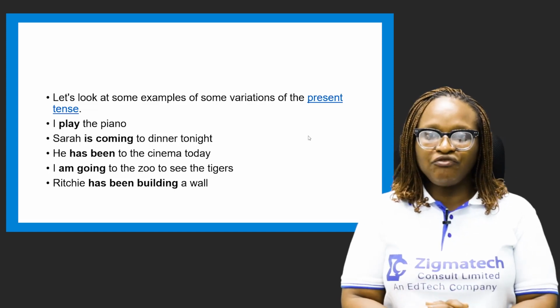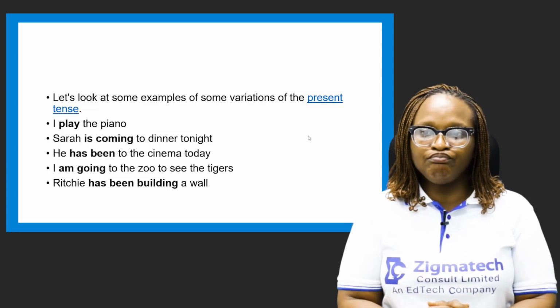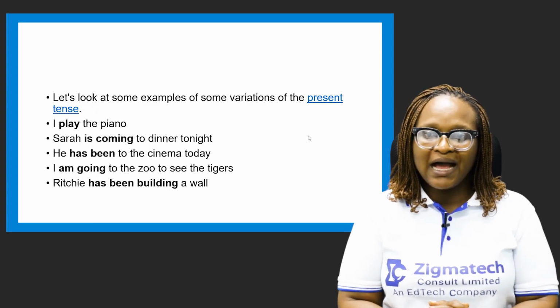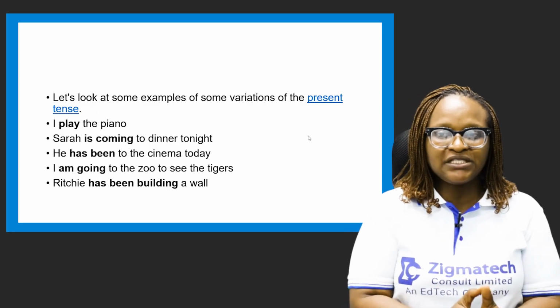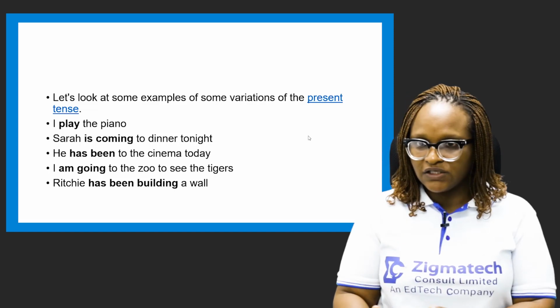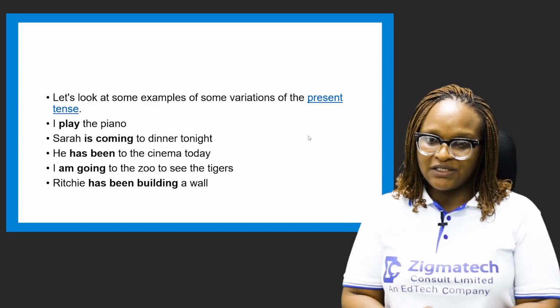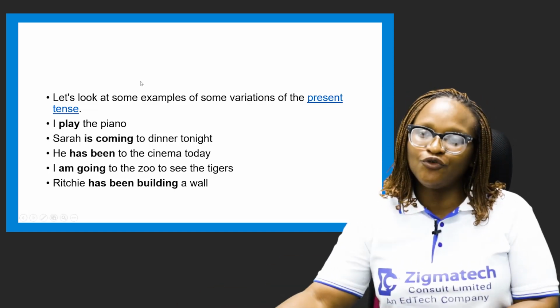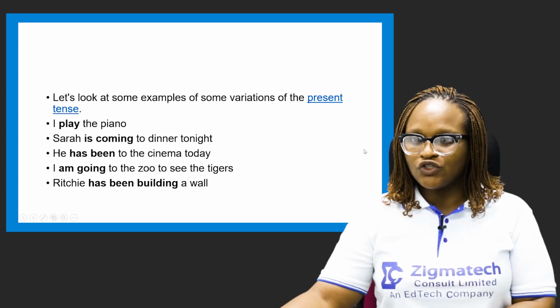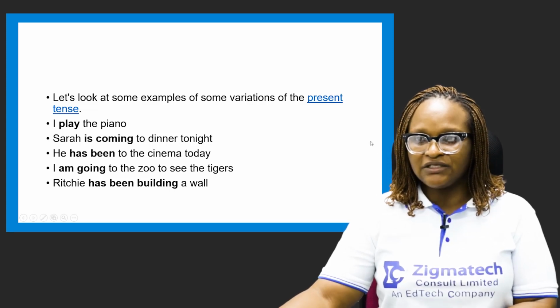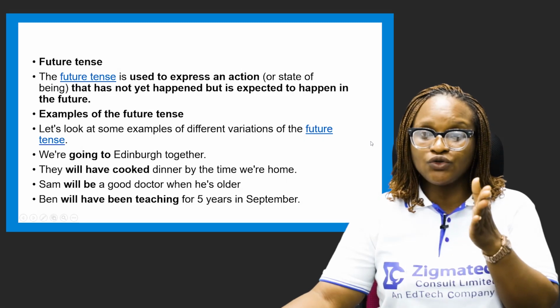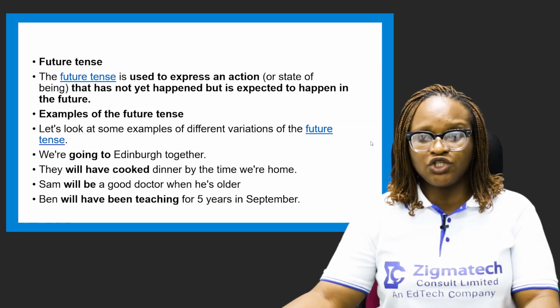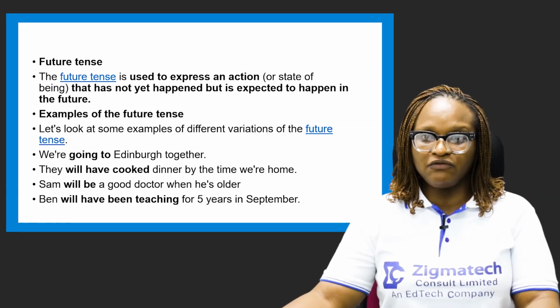Then finally we have Richie has been building a wall. Has been building. That is present perfect continuous. That is just it. You just have to know how they are formed. And once you get them, it's easy to identify them in sentences and also use them in your reported speeches and active and passive voice.